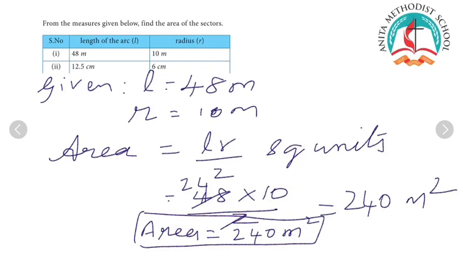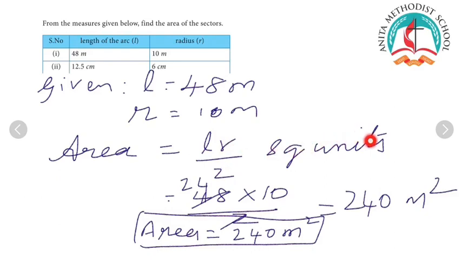It's given: from the measures given below, find the area of the sectors. Listen children, length of the arc is given, radius is given. If the length and radius are given, we have to use the formula area is equal to arc length L into r by 2 square units.